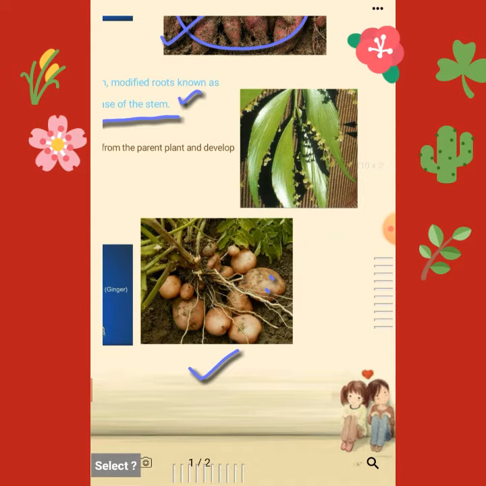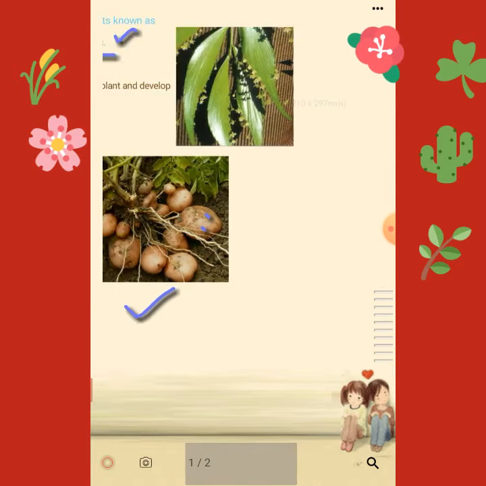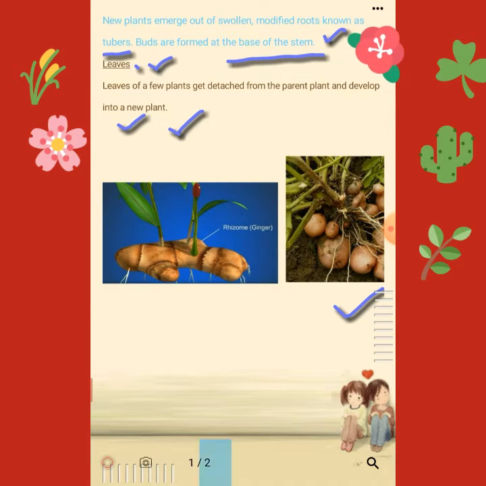In the notches there are buds present. So when these buds come in contact with favorable conditions, a new potato plant can grow from the parent plant. Okay, so that is about natural vegetative propagation. Then what about artificial vegetative propagation?